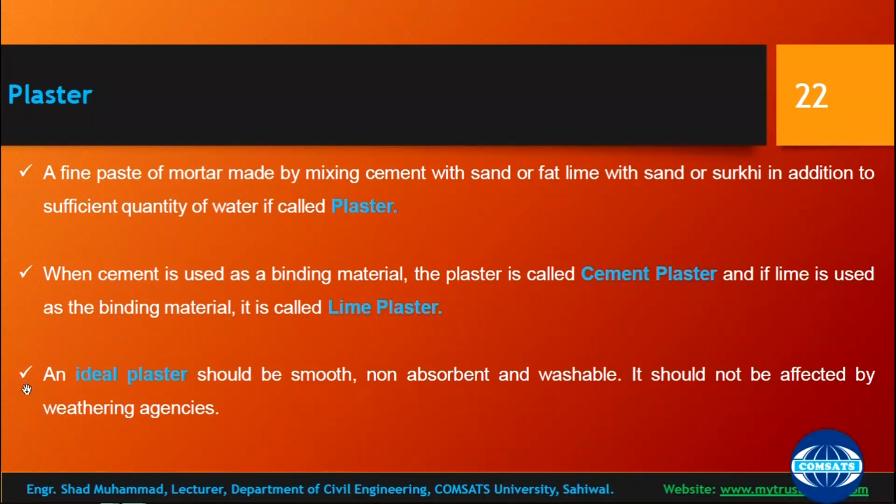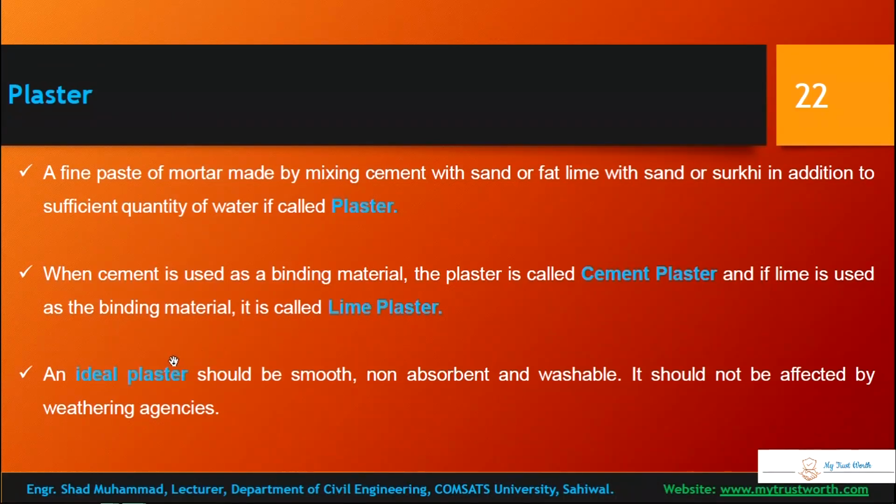When cement is used as a binding material, the plaster is called cement plaster. If lime is used as a binding material in addition to sand, then it's called lime plaster. You must be aware that lime has weak strength when mixed with sand and a plaster is formed, as compared to cement plastering.